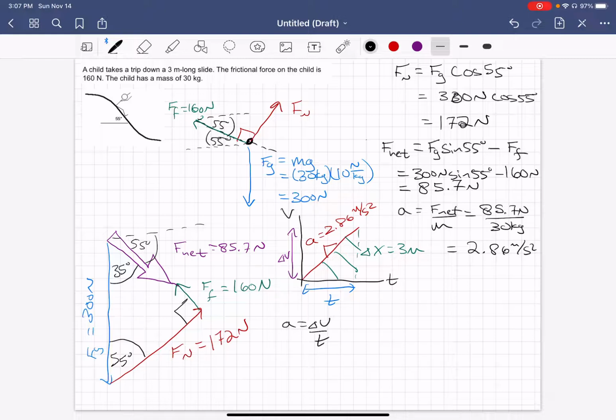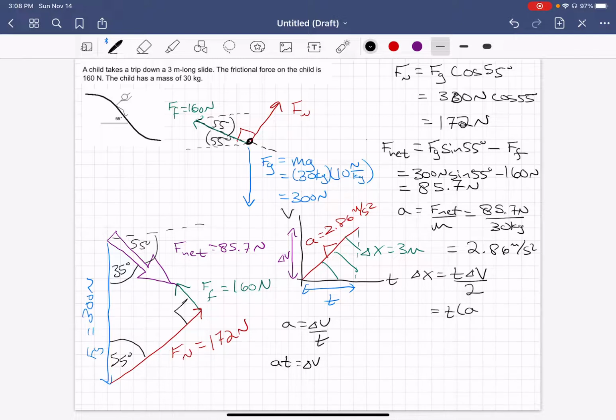Now both of these are unknowns, so I'm going to go ahead and just solve this for delta v. So I can say delta v is acceleration times time. If I work from the area of the graph, I can say the area is the base of the triangle times the height of the triangle divided by 2.